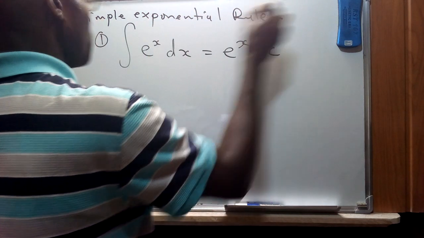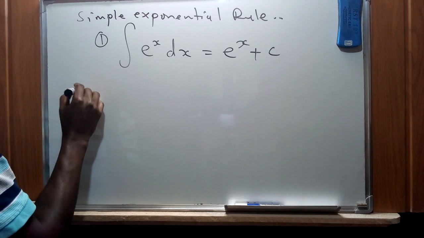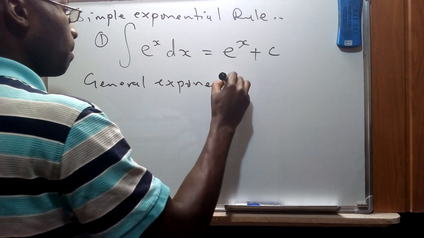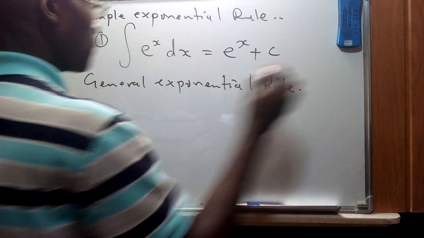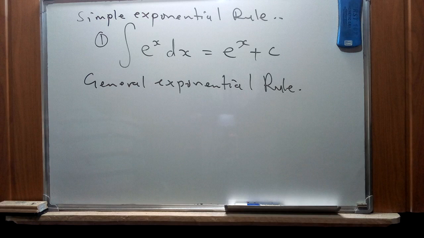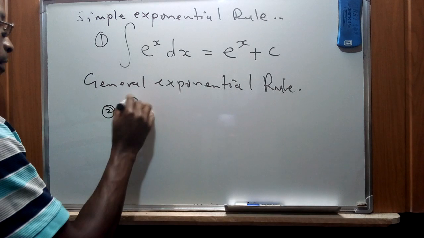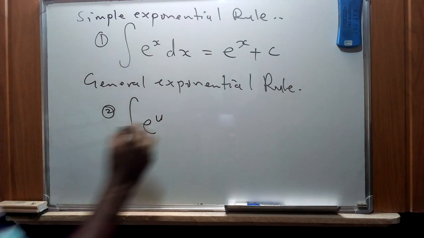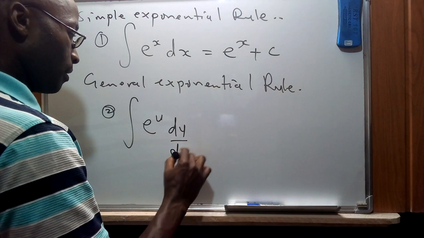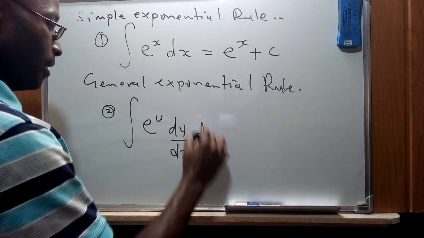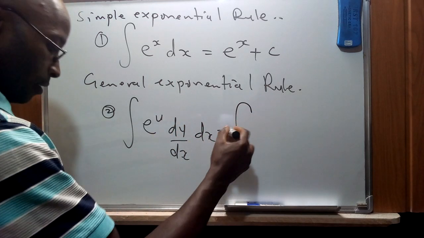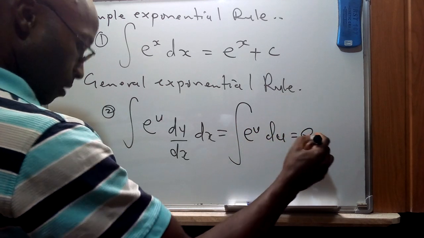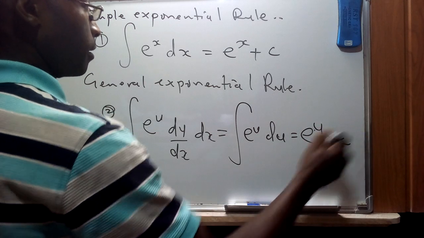Then we are going to have the general exponential rule. For the general exponential rule, it's given as the integral of e to the power u, du over dx, then dx, which basically is going to give the integral of e^u du, which is e^u plus c.